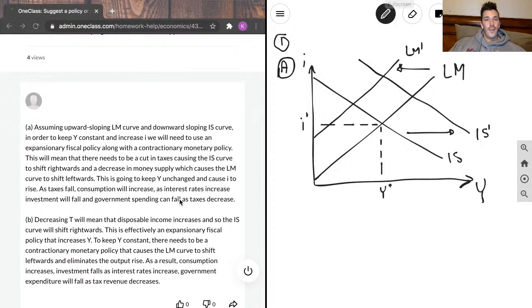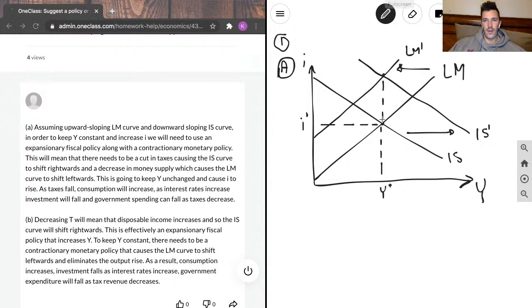This keeps Y unchanged and causes I to rise. As we can see, our initial equilibrium was at this point here, and our new equilibrium after the expansionary fiscal policy and the contractionary monetary policy is going to be up here.